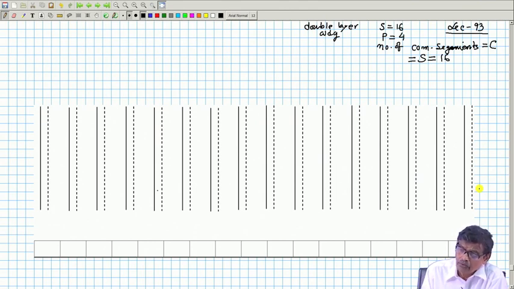Now, while making a winding, two things are important in case of DC machine windings. Each coil will have two coil sides and they will be separated in space in terms of slot numbers.